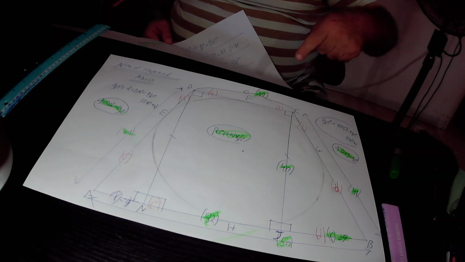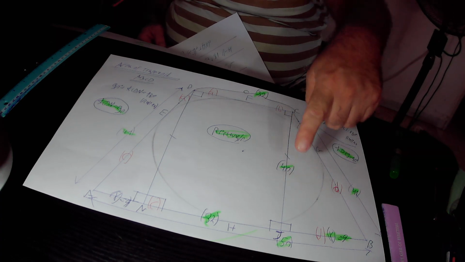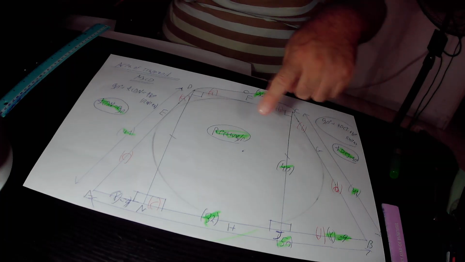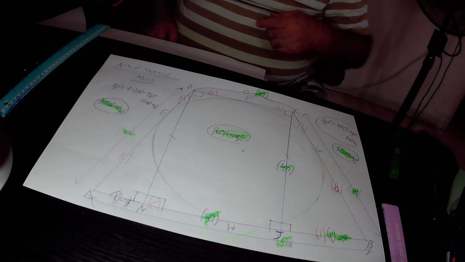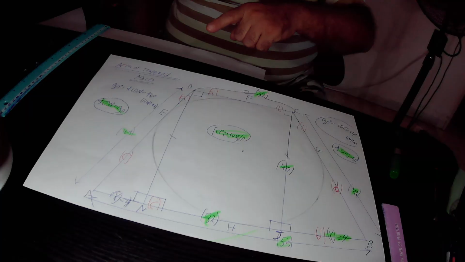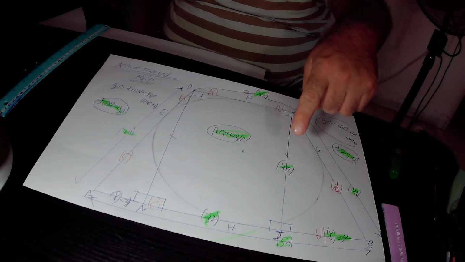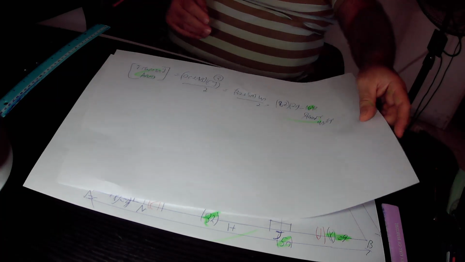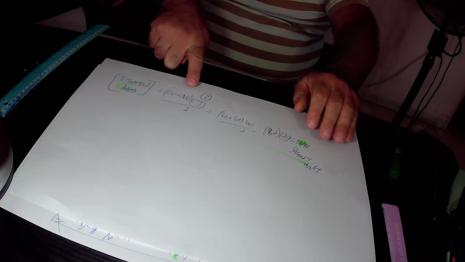CJ is also the height of trapezoid ABCD because it is at 90 degrees to the two bases. Our task is to find the area of this trapezoid ABCD. We know that the area of any trapezoid equals the sum of its two parallel bases, in this case DC plus AB, times the height CJ, over 2.